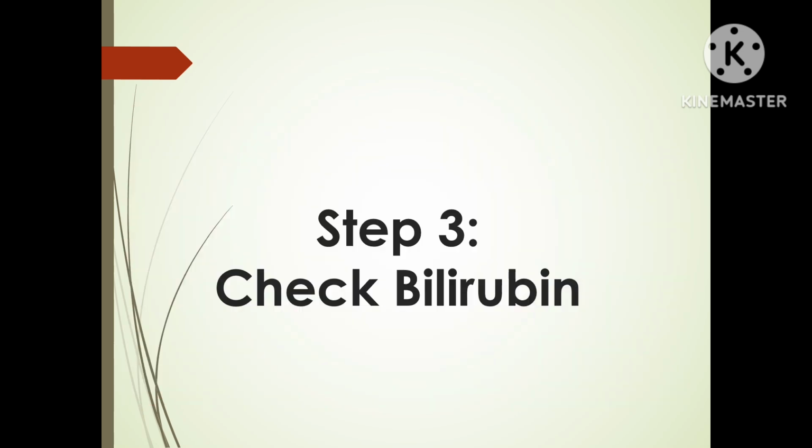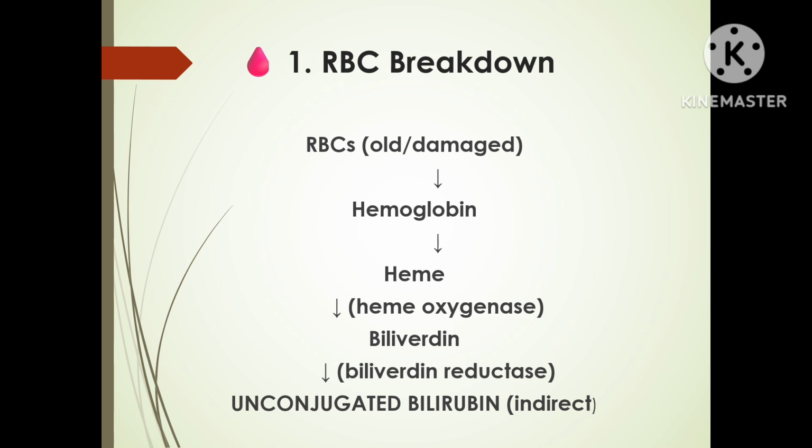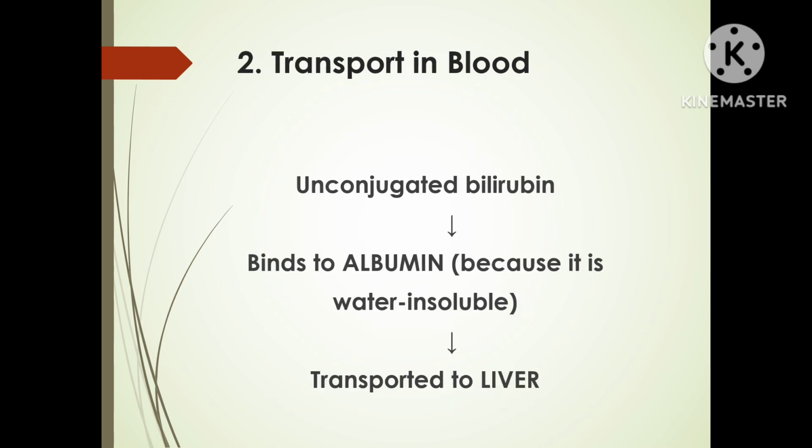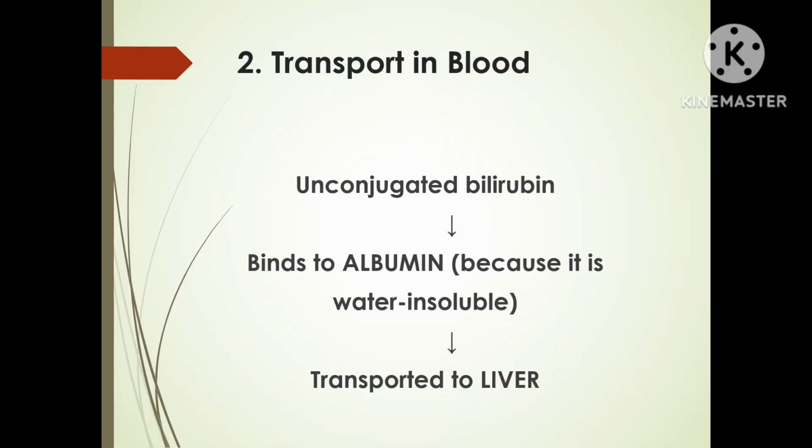It reflects the liver's ability to process and excrete bile pigments, so it tells you about the excretory function of the liver. I think here we should have a basic idea of bilirubin metabolism in the body. Bilirubin metabolism begins with the breakdown of red blood cells, producing unconjugated bilirubin, which is then transported to the liver bound to albumin.